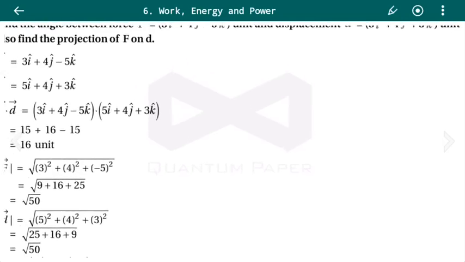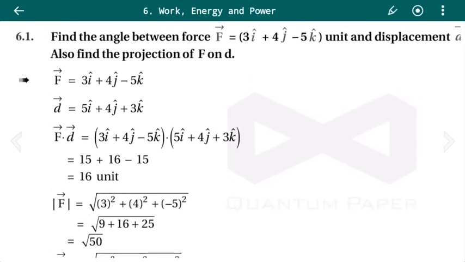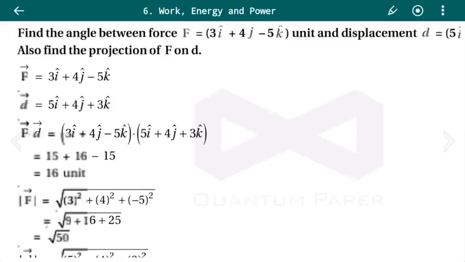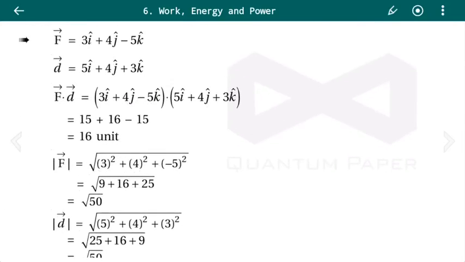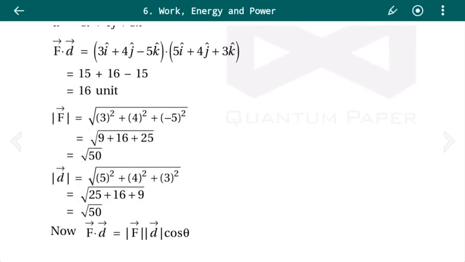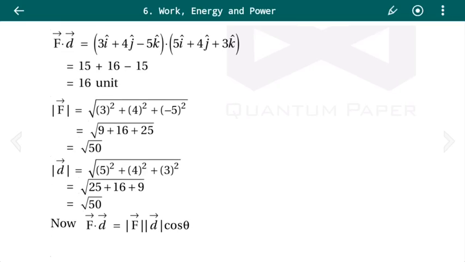So first of all, F is given as 3i cap plus 4j cap minus 5k cap. D is given as 5i cap plus 4j cap plus 3k cap. Here we need to find the projection of F on D. That means F cos theta.